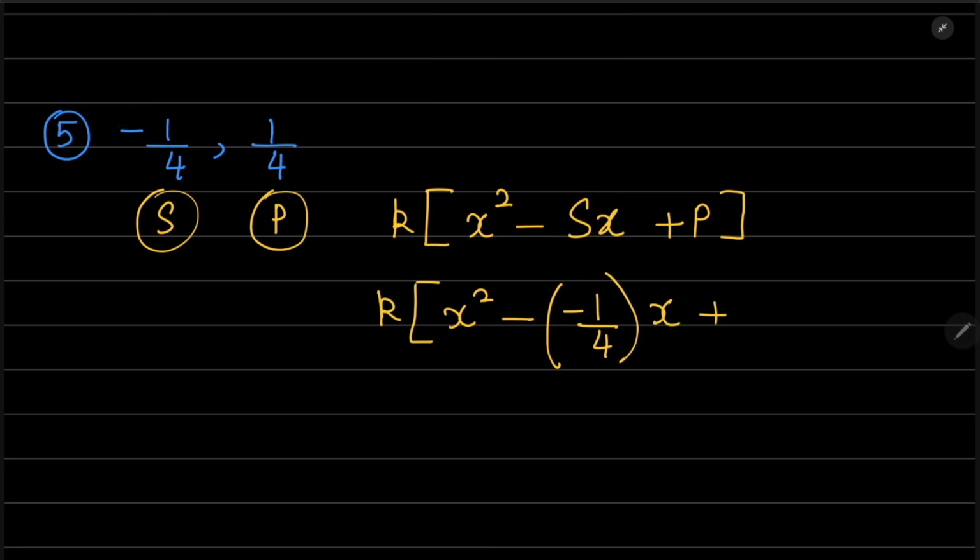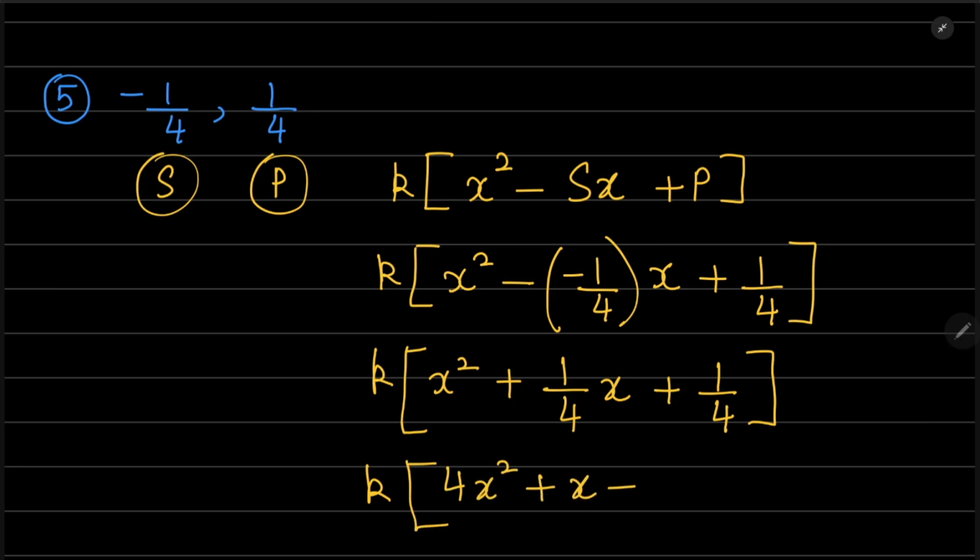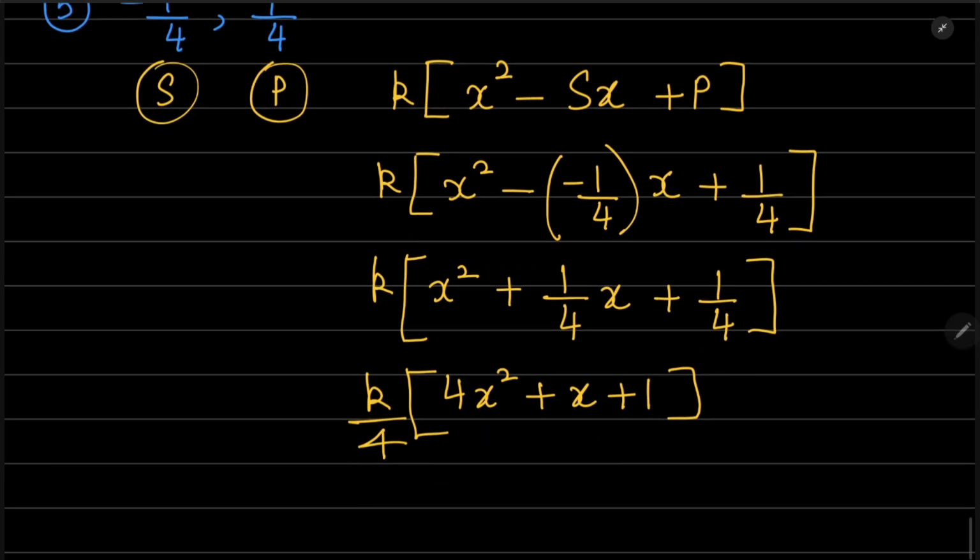Do x plus the product, 1 by 4. Now let's open the bracket. Minus into minus is plus. 1 by 4x plus 1 by 4. Okay. So you have k multiplied by 4x square plus x plus 1 whole divided by 4. I am taking it outside.